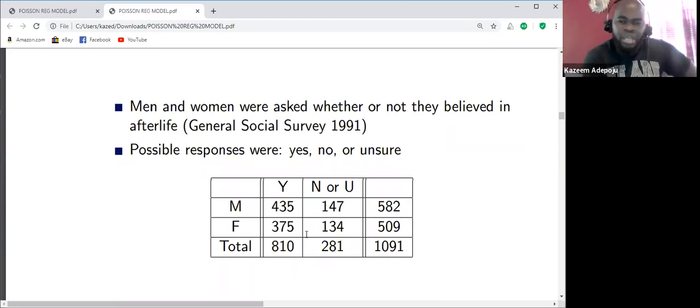And the 435 right here is the number of men that say yes, there's afterlife. And 147 is the number of men that said no or unsure. So the total number of men in this survey is 582.